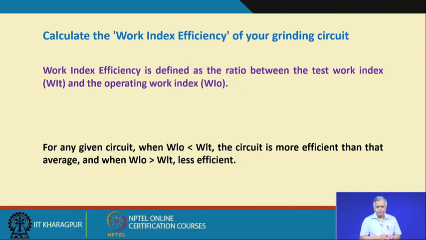That means, in the laboratory in a controlled environment, when you have done the test prescribed by Mr. Bond, what is the WI you got, and while operating the machine for a particular specified size reduction, what is the operating work index you got.